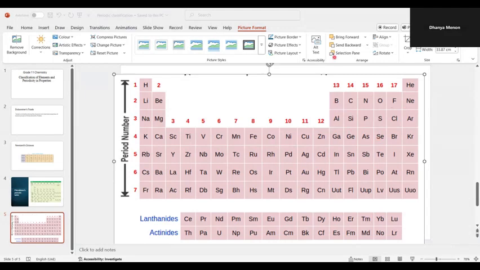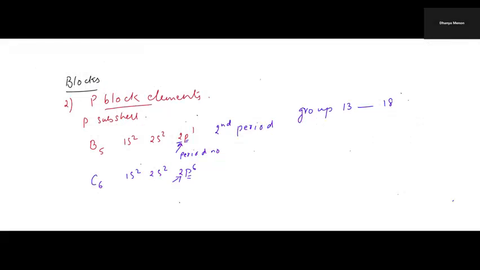Okay, students, now I'll show the general configuration of the p-block elements. The last electron, or valence electron, enters the p subshell.